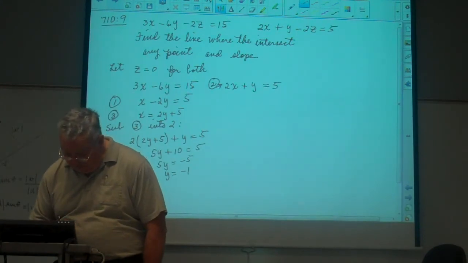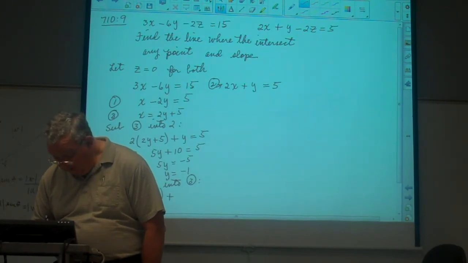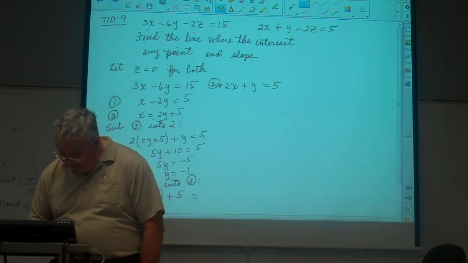And then I'm going to substitute y equals minus 1 into 3. And that means that x is equal to 2 times minus 1 plus 5, which is 3.